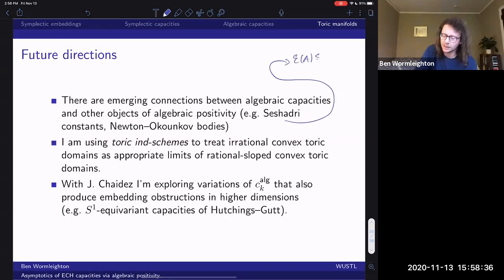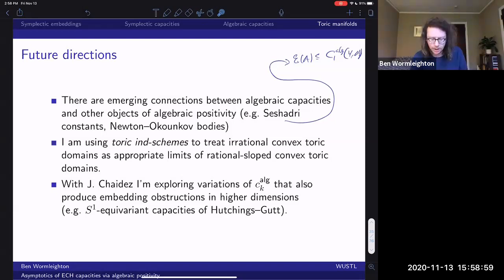If I get this inequality the right way around, we immediately see that the first algebraic capacity is an upper bound for the Seshadri constant of the divisor A. And so here's at least one relationship between algebraic capacities and other very classical objects of algebraic positivity. I would be shocked if there weren't more.